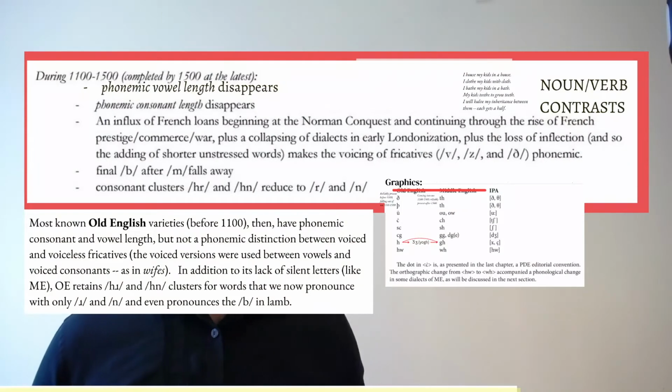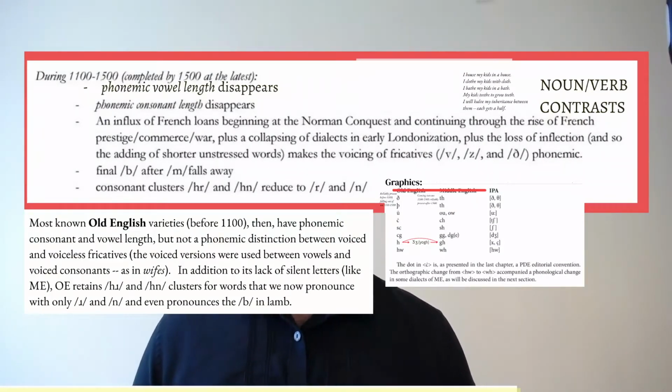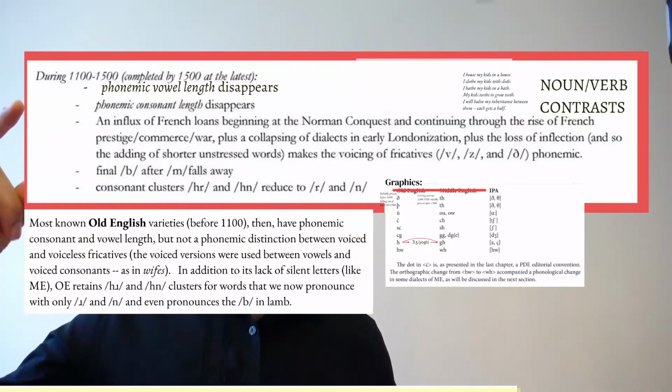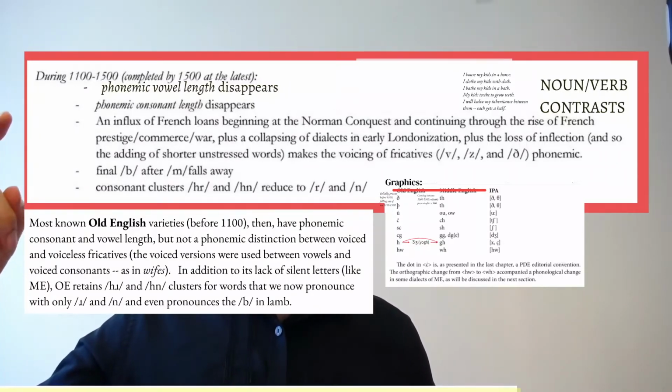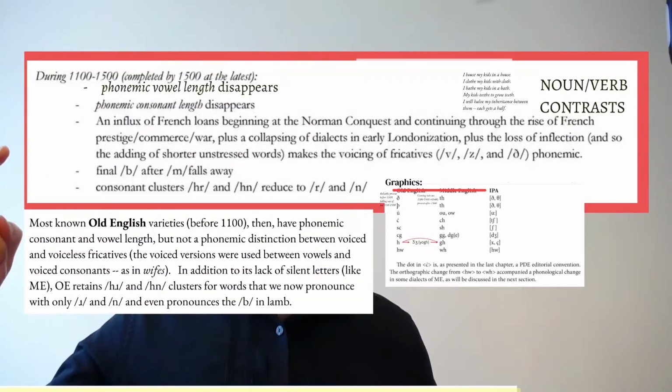For instance, it is such terms that allow us to understand what we mean when we talk about the development, from after 1100 to 1500, spurred on by a number of factors, including the Norman conquest, of phonemic voicing of fricatives.